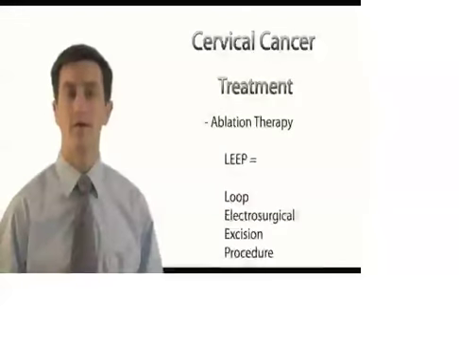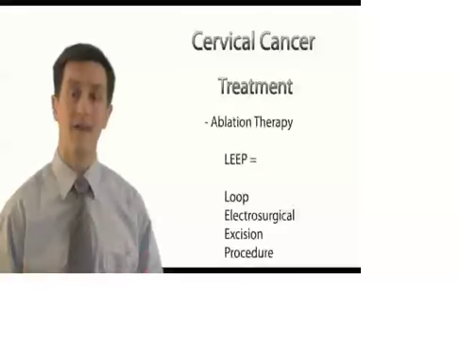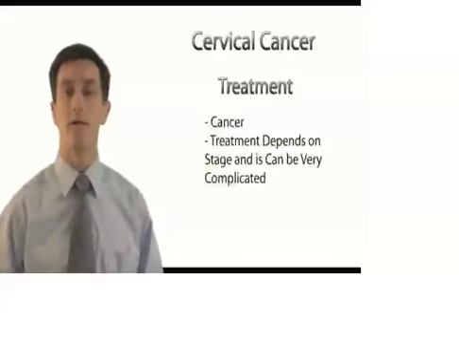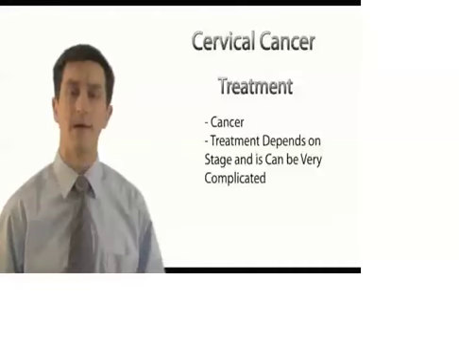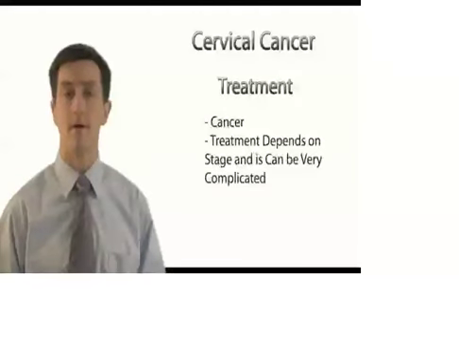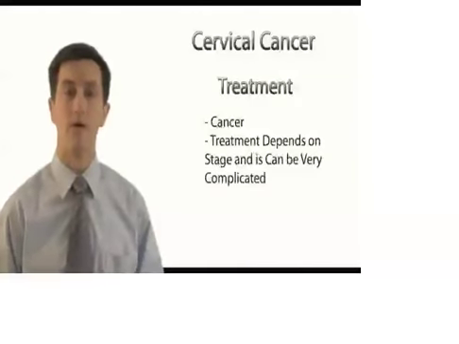Now, if the colposcopy biopsy results come back as cancer, now we're talking about an entirely different treatment algorithm that's going to depend on the stage of the cancer, and if there's been any distant spread into the pelvic area. Ultimately the treatment can become very complicated depending on what grade you have.